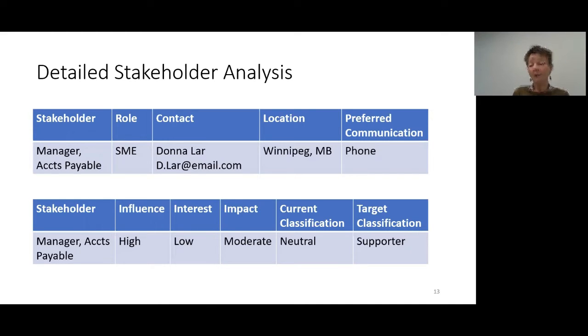If I have my manager of accounts payable on my contract management system, I want them to, at minimum, be a supporter. I don't want them to be neutral. I absolutely don't want them to be resistant. So that's my marching orders, like that change charter, like a project charter, that directs how I'm actually going to engage with these folks.